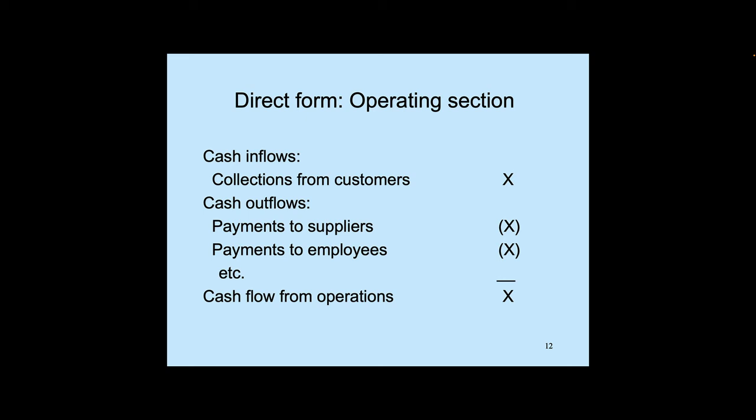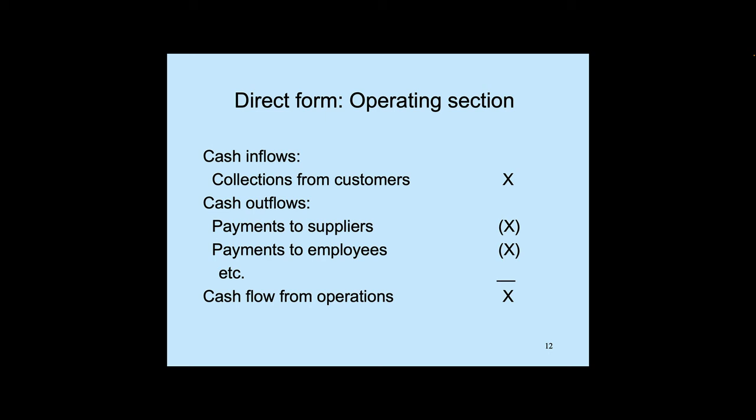To summarize, the direct form of the operating activity section looks something like this. Just cash inflows, and they typically are collections from customers, minus cash outflows, which are typically things like payments to suppliers and payments to employees, and the net change in cash.